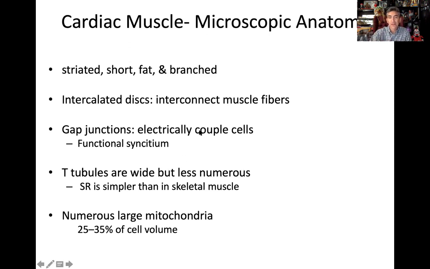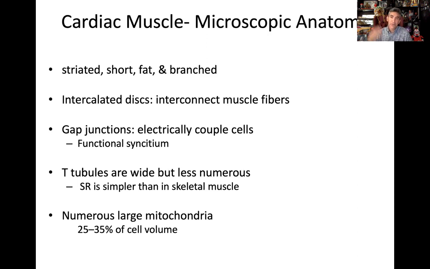So they electrically couple the cells that are connected together. And by doing so, they form what we call a functional syncytium. So instead of two cells acting independently, these two cells will function as a single unit, right? That's what syncytium means, like a team. So a very high degree of teamwork and synchronization because of this syncytial functionality generated by the gap junctions.